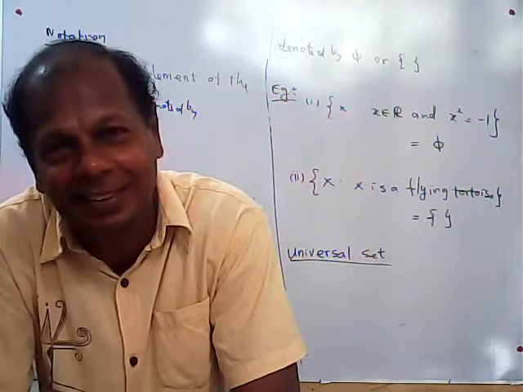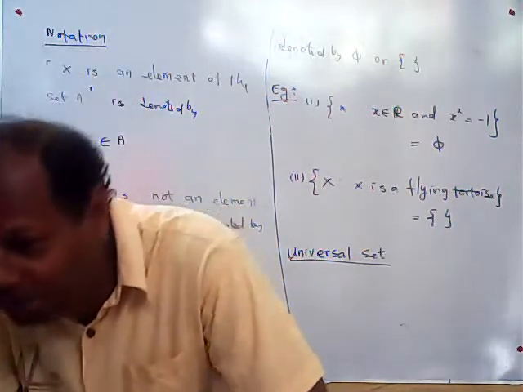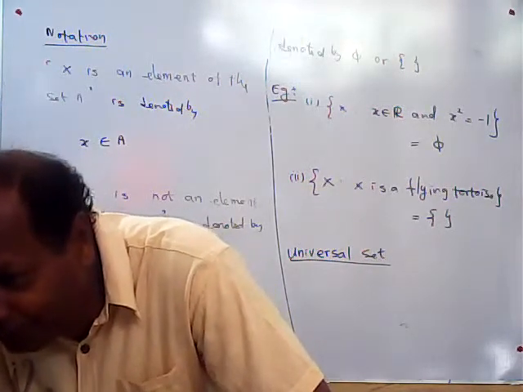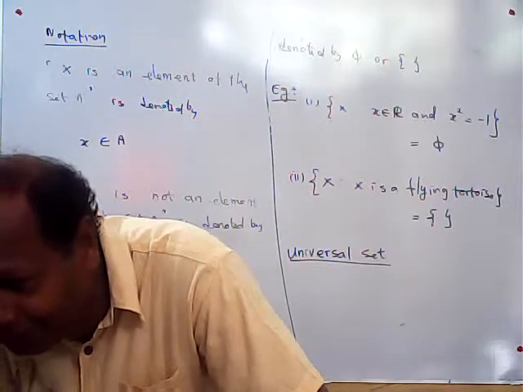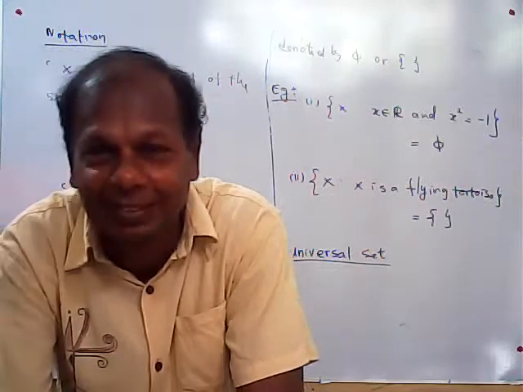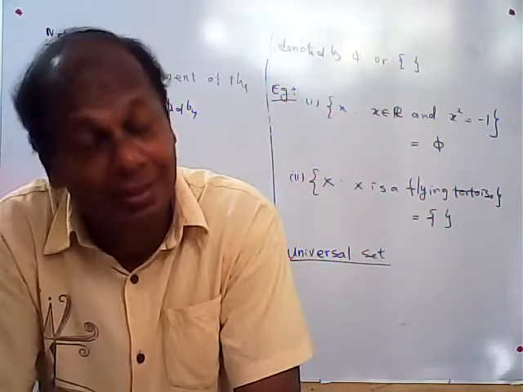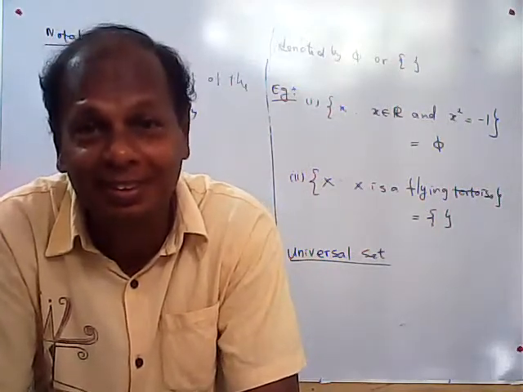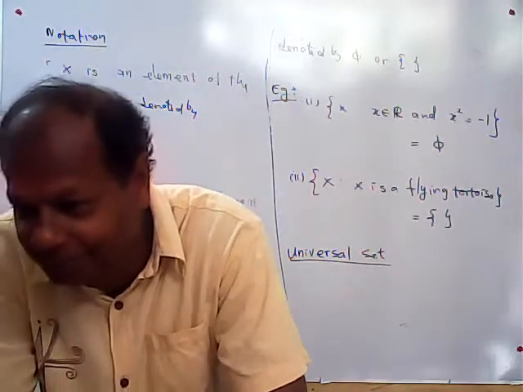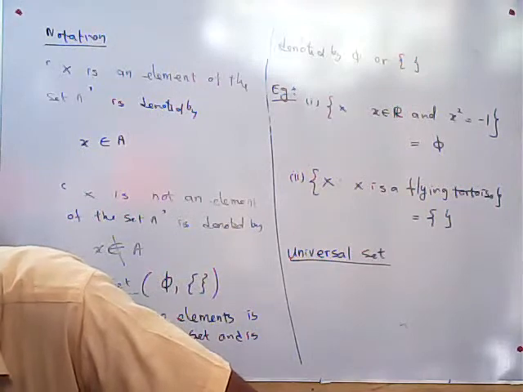The set containing everything. Containing all subsets. We haven't discussed subsets yet, so you can't use that term. We come to subsets later. To describe subsets, you need the universal set. Containing all elements.